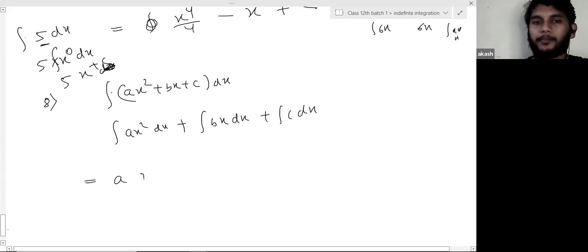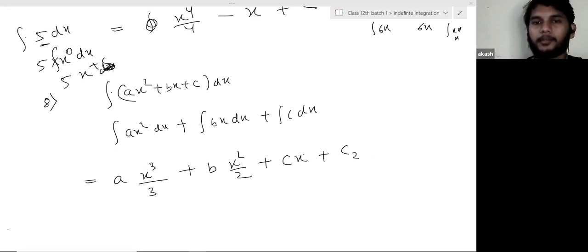Integration of x square is x to the power 3 upon 3, plus b outside, integration of x is x square by 2, plus integration of c is cx, and plus c2 we can write. c is already there, so we can write c2, c1, whatever you wish, no worry. Absolutely correct answer.